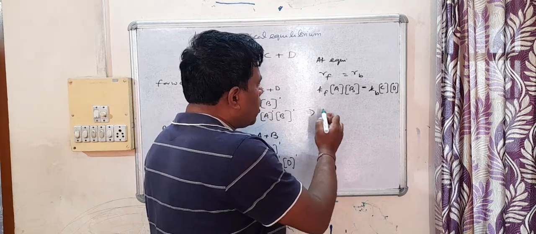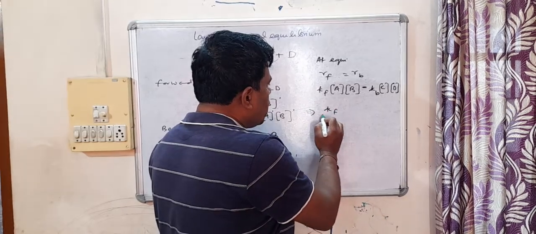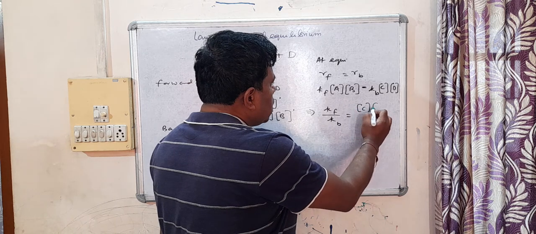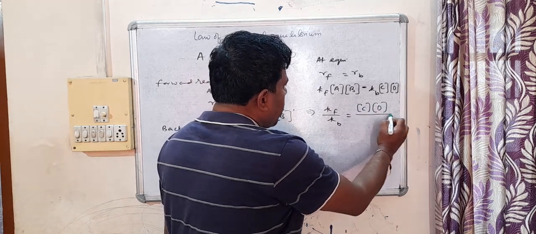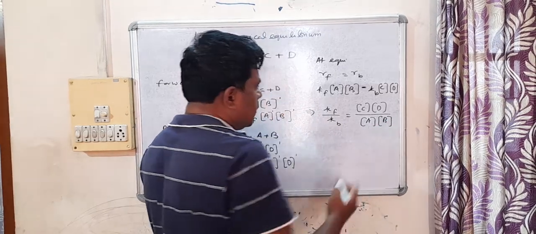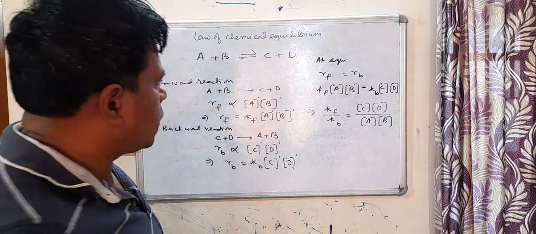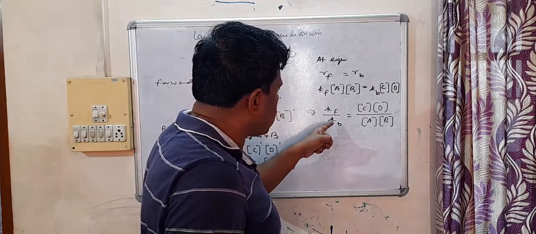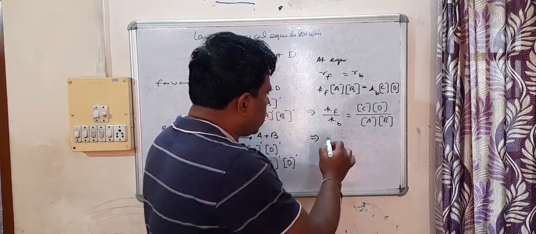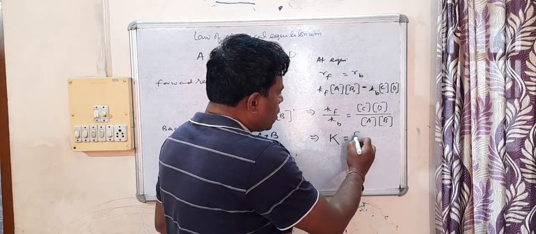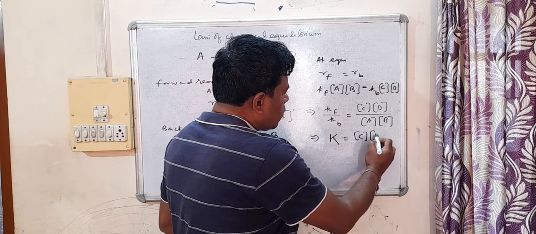So from here we can write Kf by Kb is equal to [C][D] by [A][B]. Now this is a constant, this is a constant. When we divide this, we get a new constant that we write as K, and so K is this.